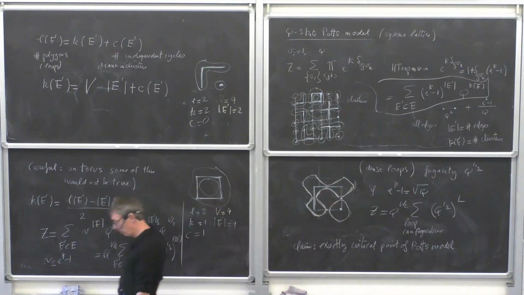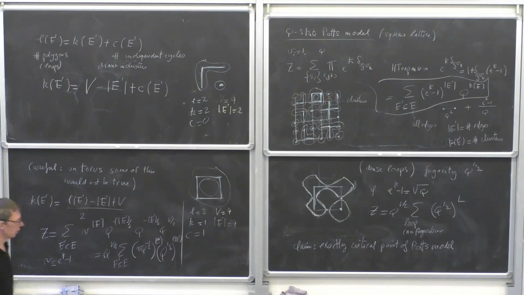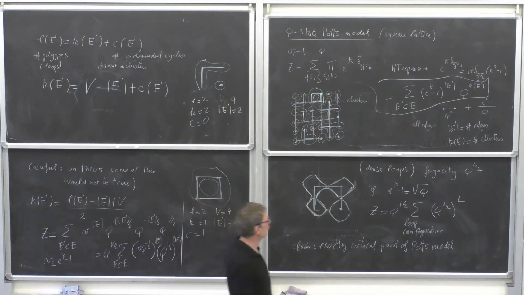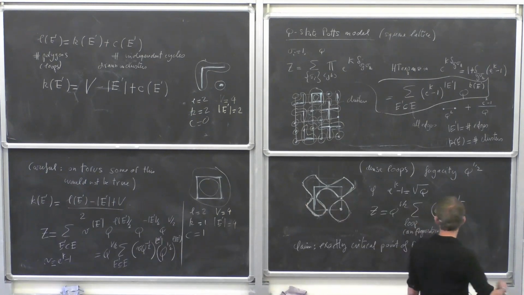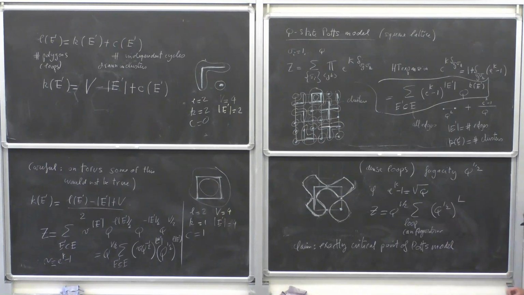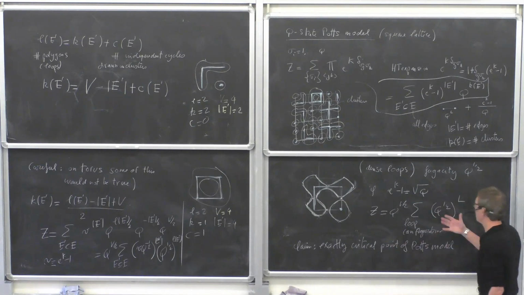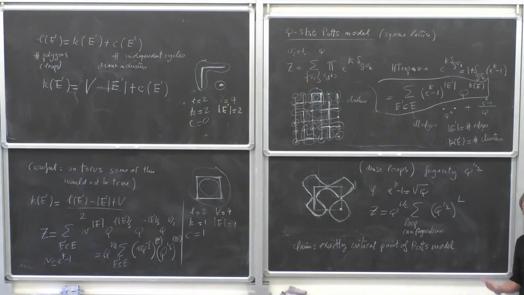So this is something we could show by doing a little bit more of diagrammatics, looking at the dual lattice and so on. Maybe I will not do that. It's not very important for my purpose. The point is that there is a statistical mechanics model, the Potts model, which at this critical point can be reformulated as one of these loop ensembles.